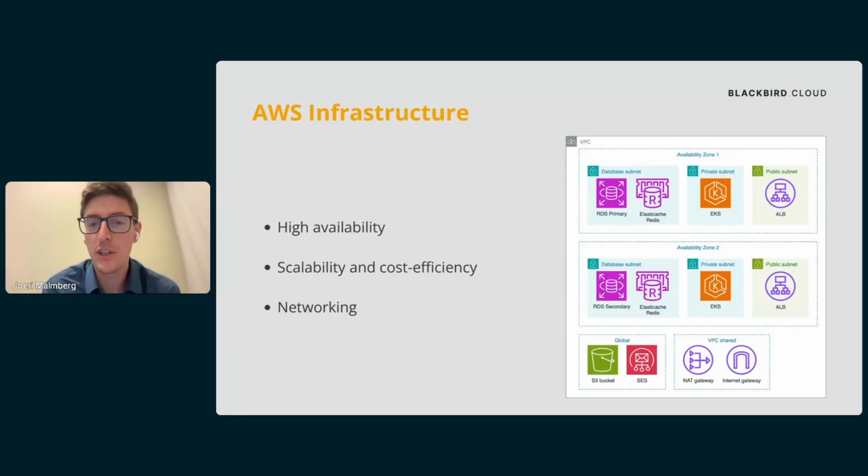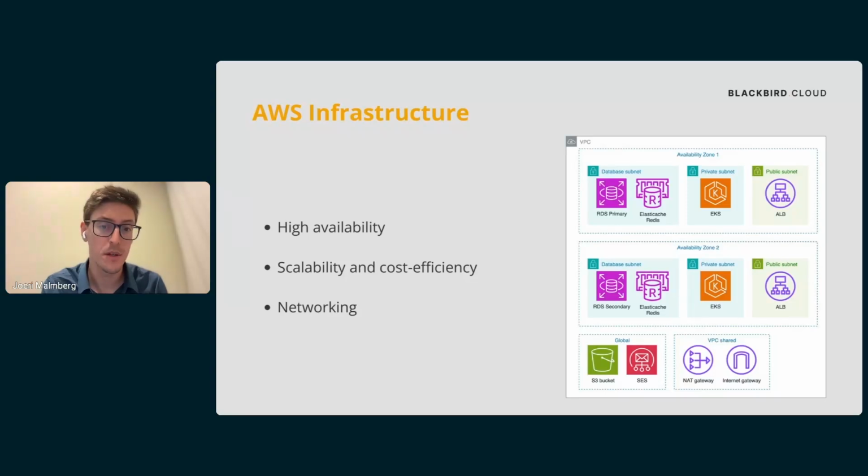Well, it's either redundancy or there's a failover mechanism, I should say, because obviously our RDS database will run with a writer and a reader endpoint. But if the availability zone where the writer instance is located, for instance, fails, then the secondary will fail over and become the primary, of course. Same with Redis or Valkey.